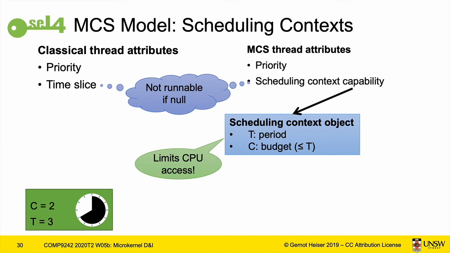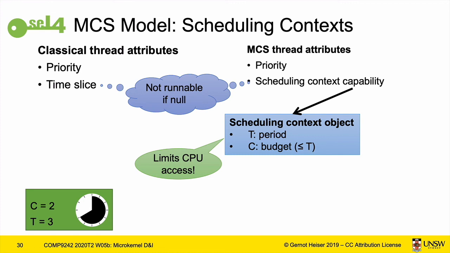If c is equal to t, you get the behavior of the present L4 kernel, so it emulates that faithfully. But in general, you can restrict the amount of time a process draws from the processor. This is the basic time protection mechanism we need, for example, for doing mixed criticality.